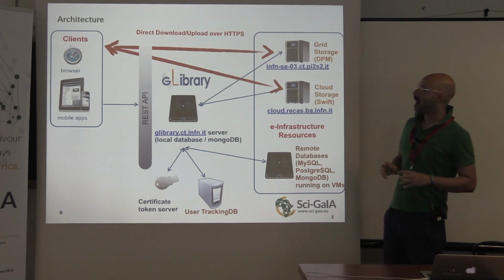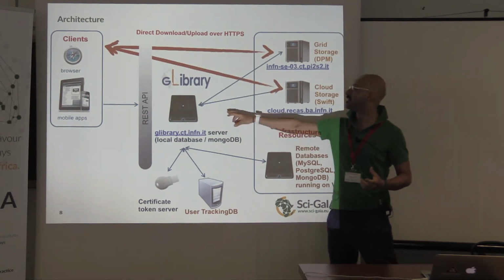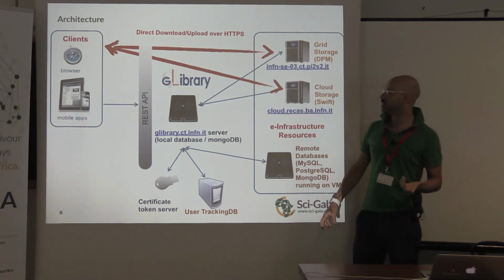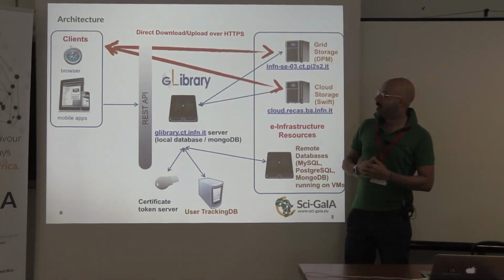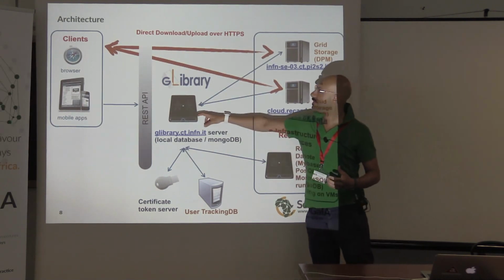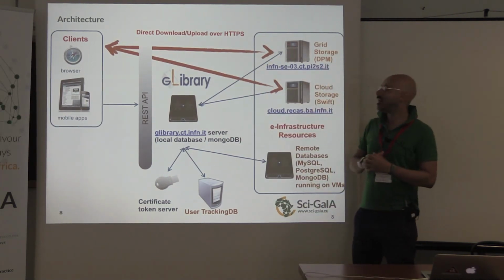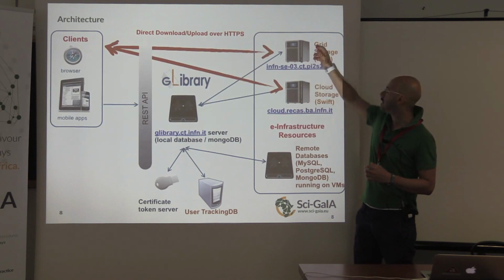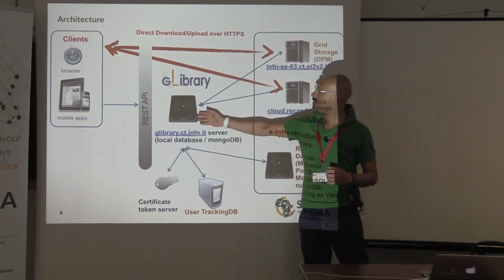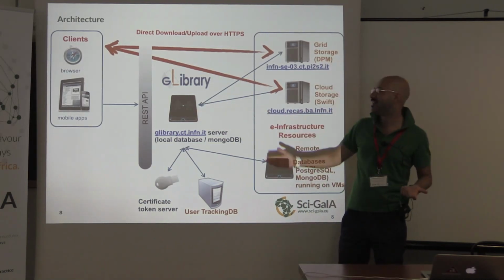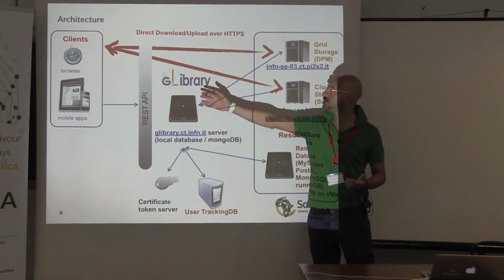As you have thought, GLibrary is the central point of our architecture. We have a central server where the GLibrary code runs that orchestrates the connection with storages and with databases. GLibrary exposes, as you have probably understood now, REST APIs to your clients.